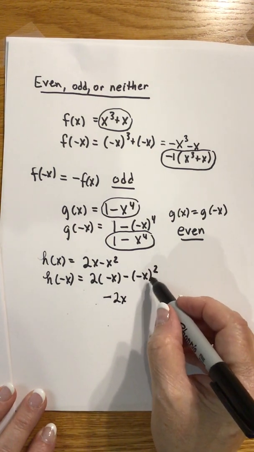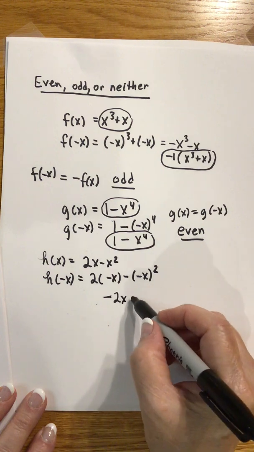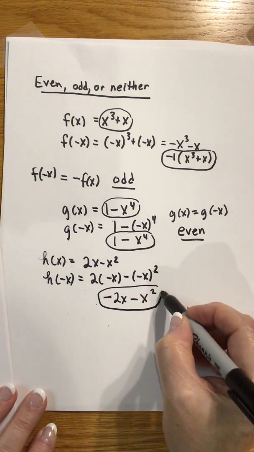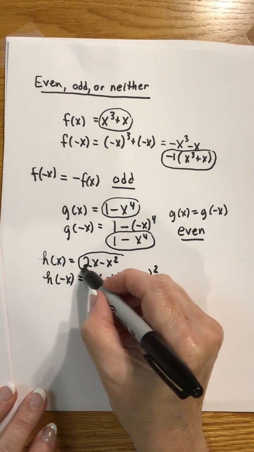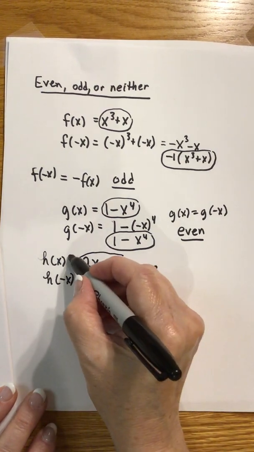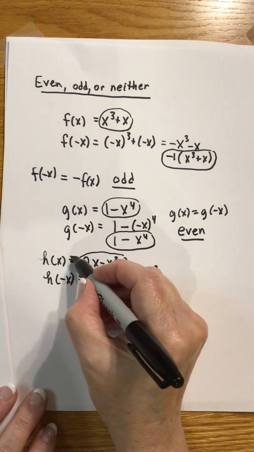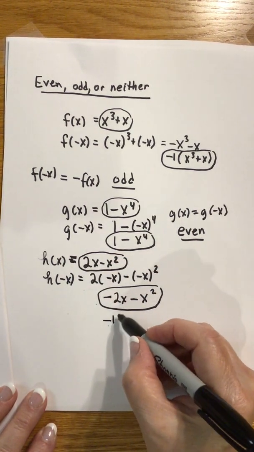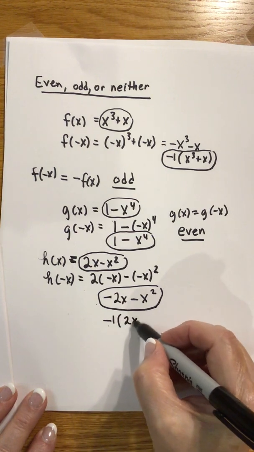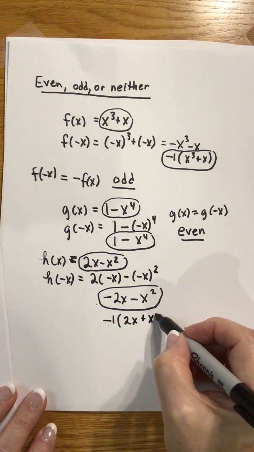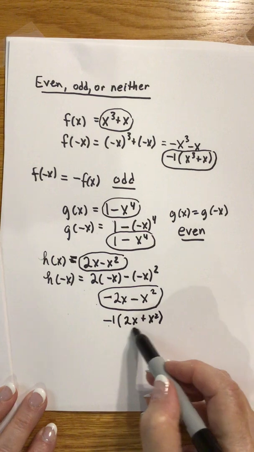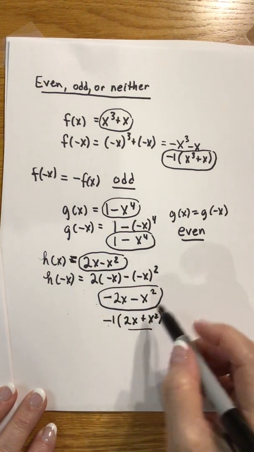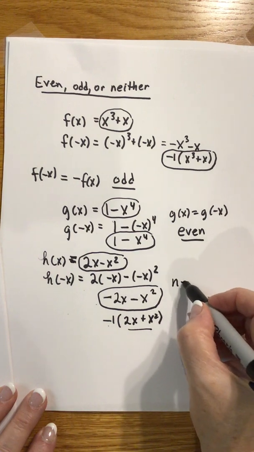Negative squared gives me a positive x squared, so minus positive x squared. So are this and this opposites, or the same, or neither? Well, if I take a negative sign out of this one, that's going to give me 2x plus x squared. So is this the same as this? No, because we have a minus sign and this one has a plus sign. So this is another example, and this would be a neither.